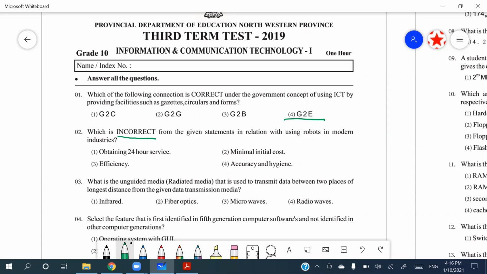And minimal initial cost, that's going to be the incorrect one, because when we are setting up a robot, it will cost you more.